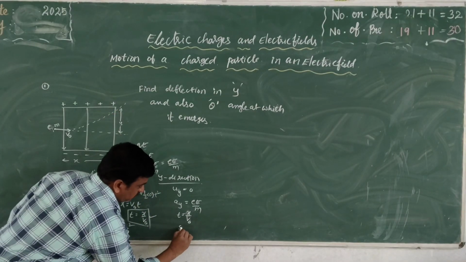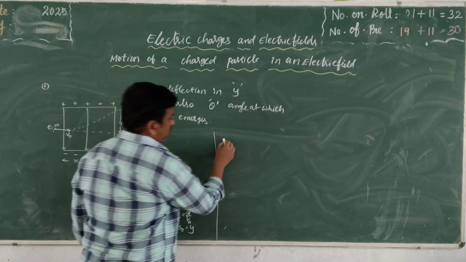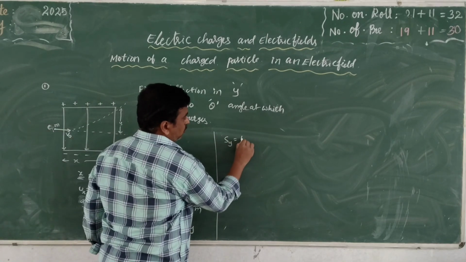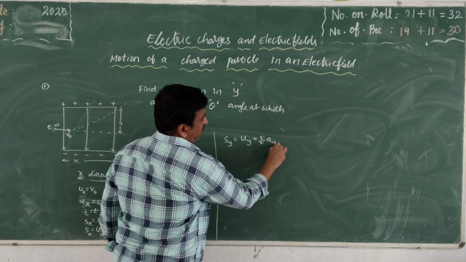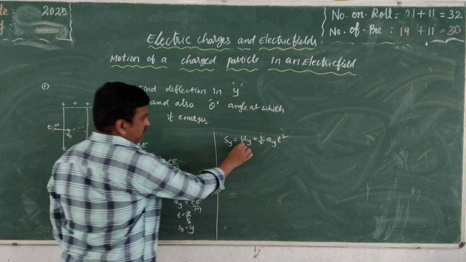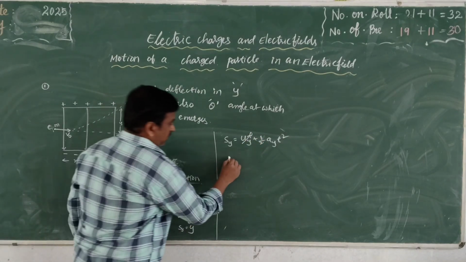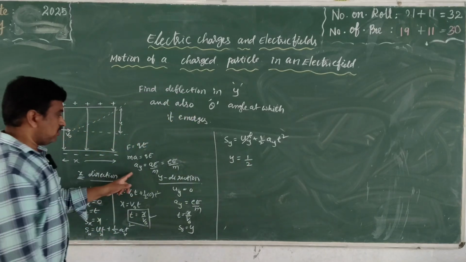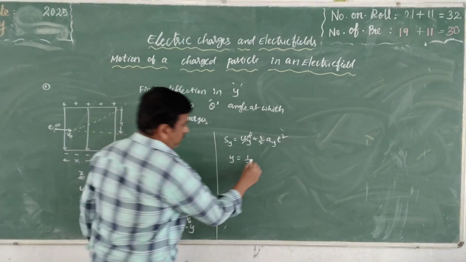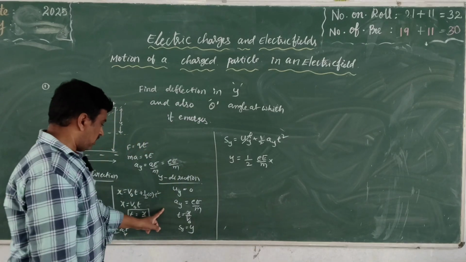Now we use the second equation of motion: sy equal to uy t plus half ay t square. Uy is 0, the initial velocity along the y axis is 0. So sy, that is y, equals half of ay, which is eE by m, into t square, where t is x by v naught.